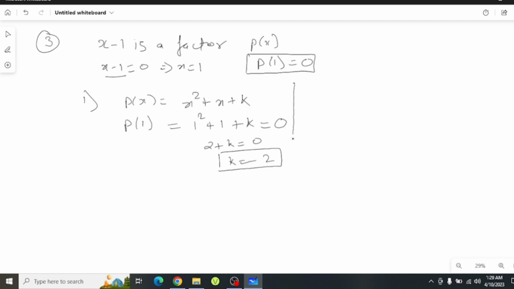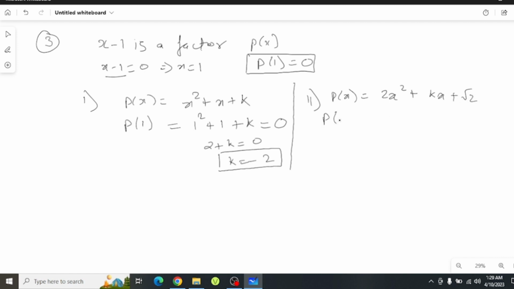Okay, now let's see one more question, the second part. In the second part our polynomial is 2x square plus kx plus root 2.